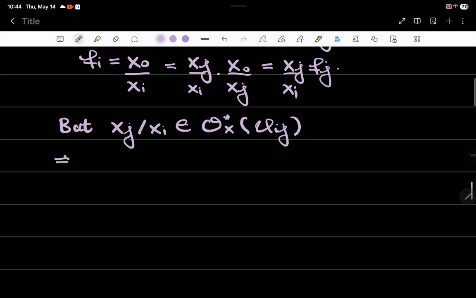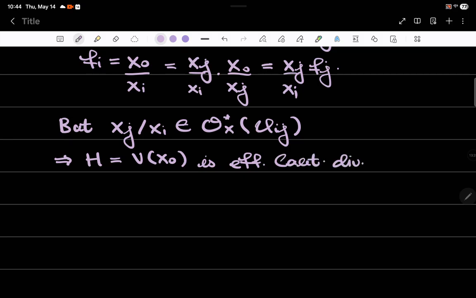So H equals the vanishing of x_0 is an effective Cartier divisor.